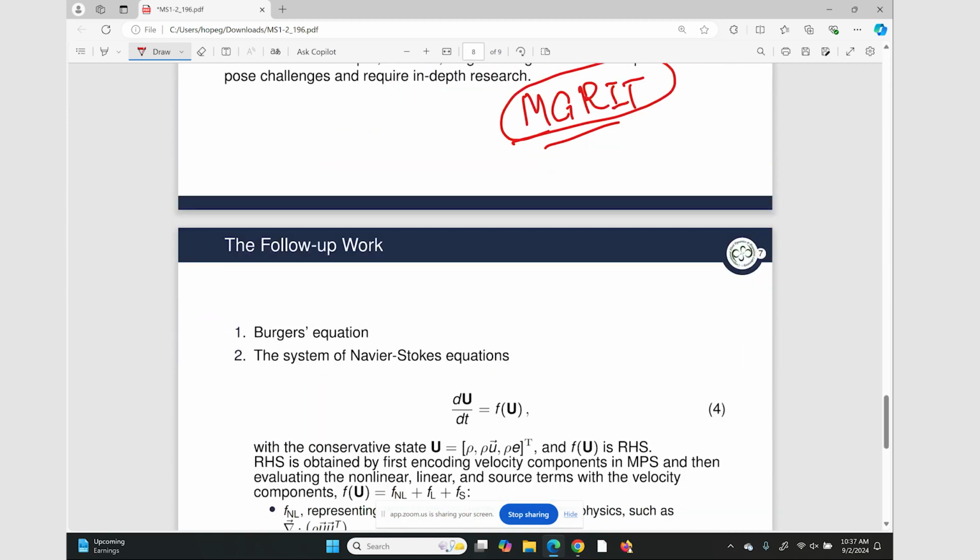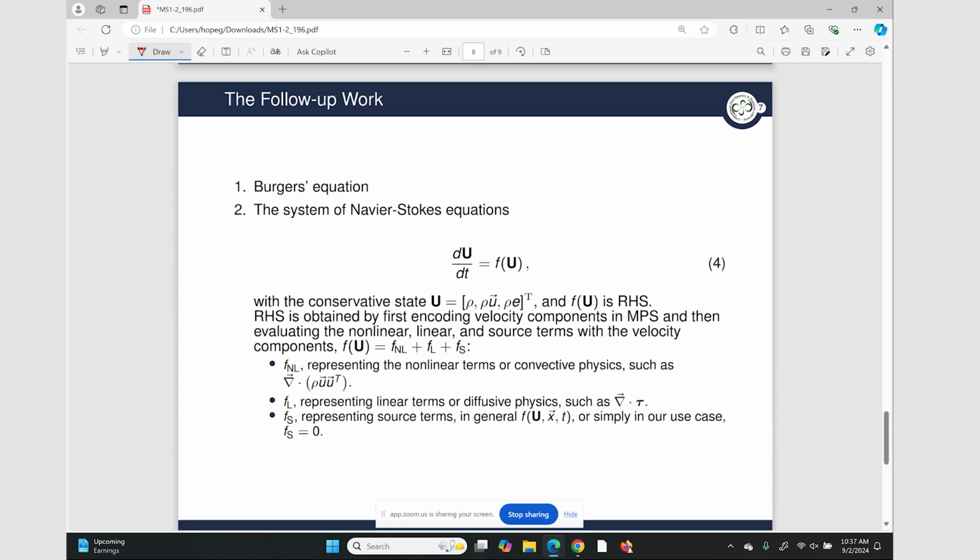So I will just quickly mention the follow-up work. We will test this on the Burgers equation so that we can verify our nonlinear solver is working, and that our approach gives us the accuracy and the efficiency. The second problem will be the system of equations, where right now the focus is on this one.